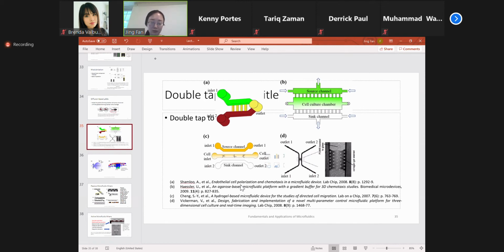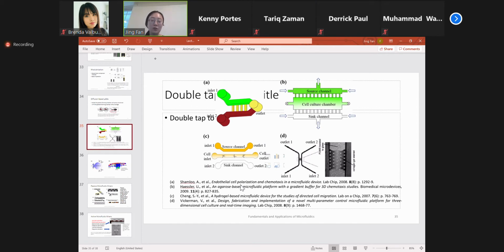Agarose is a hydrogel derived from seaweed. So agarose separates these channels, and also on top of all 3 chambers is covered with agarose as well.